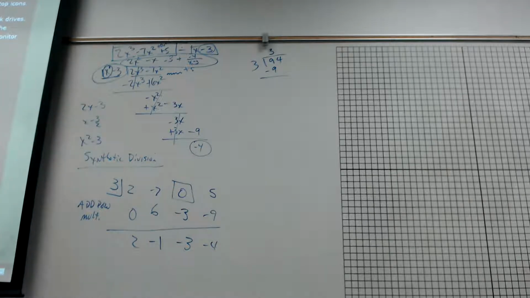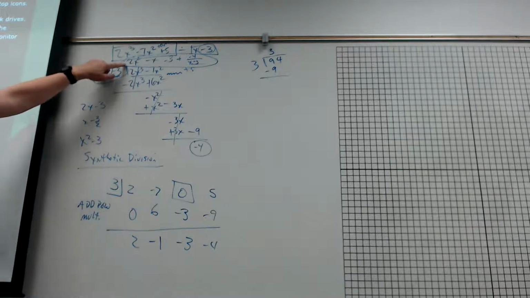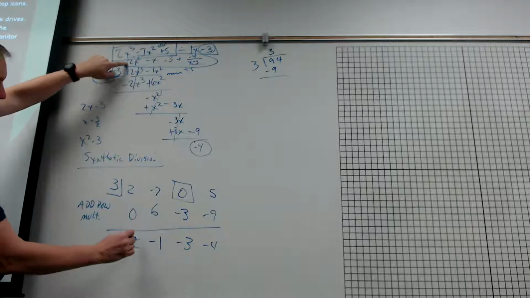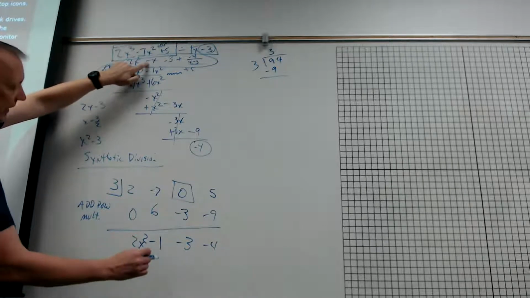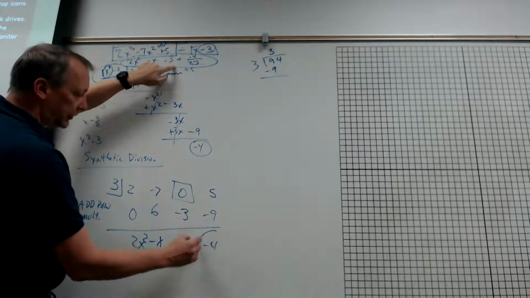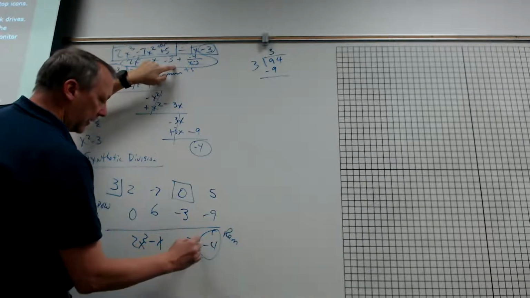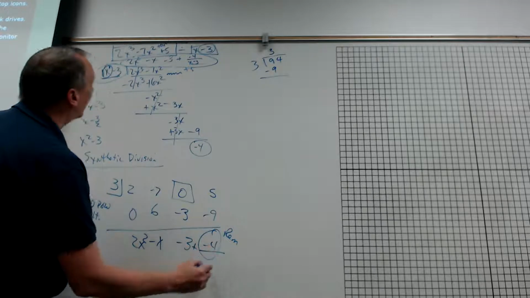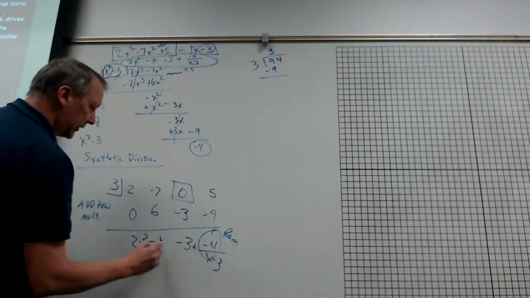So the cool thing is, notice I've got the same thing. Now this becomes 2x squared minus x minus 3 plus, this is your remainder term, remainder 4 over x minus 3.